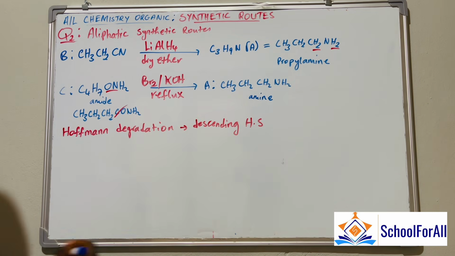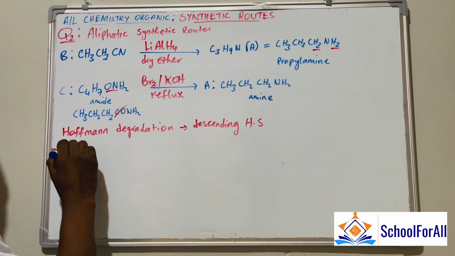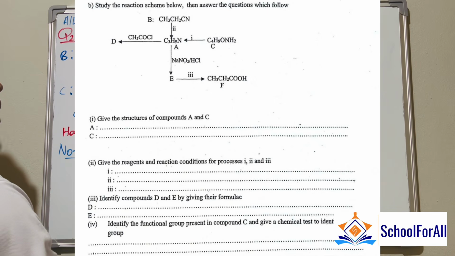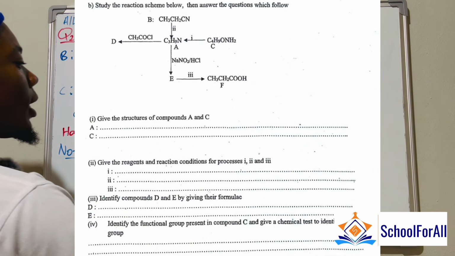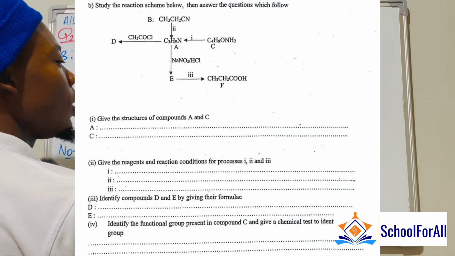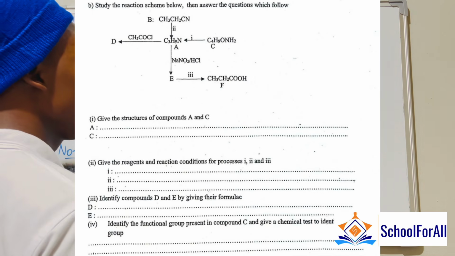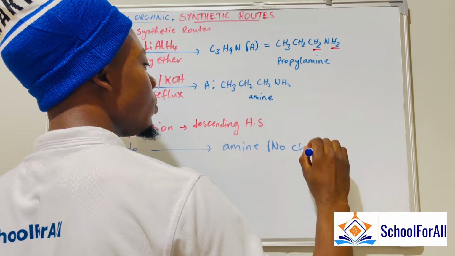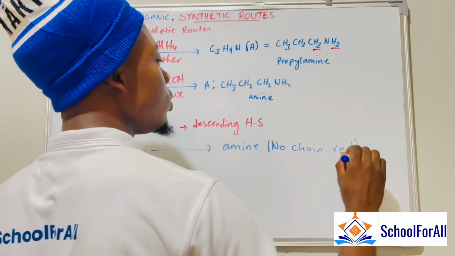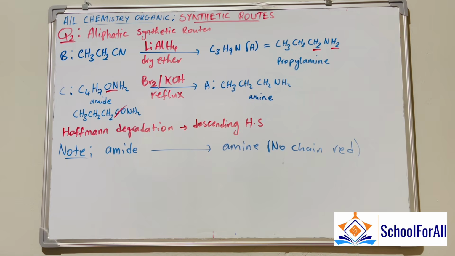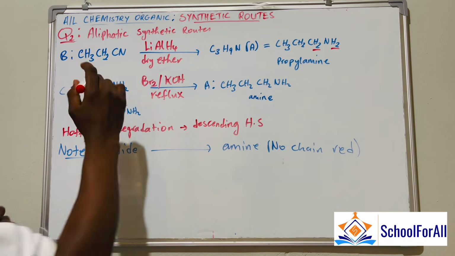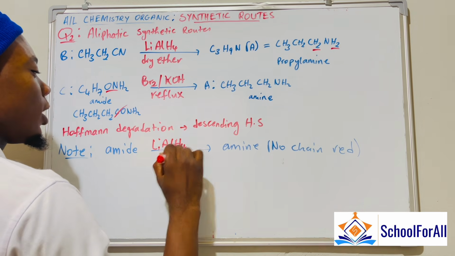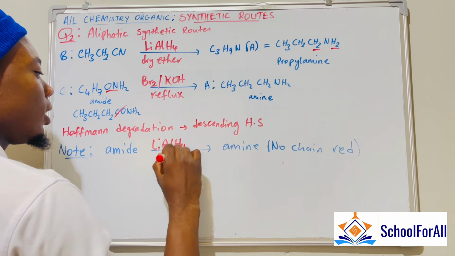You need to take note that if I want to convert from an amide to an amine in which there is no chain reduction, I will instead use the reagent lithium aluminum hydride with dry ether.